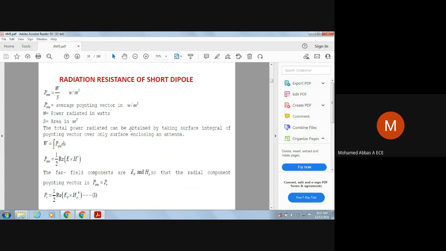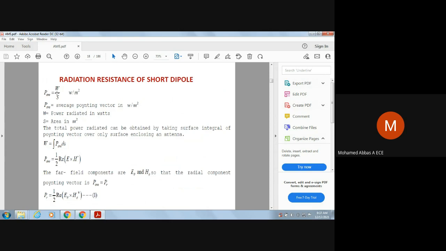Now we are going to calculate the radiation resistance of the short dipole. To calculate the radiation resistance, we are using the average Poynting vector formula. The average Poynting vector is equal to W by S, where W is the power radiated and S refers to the area.